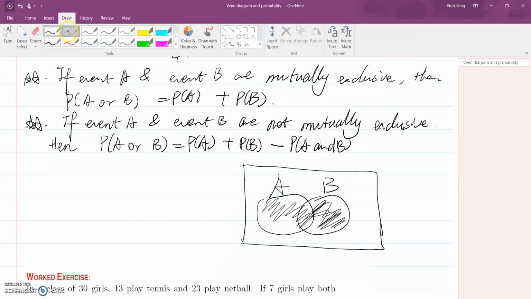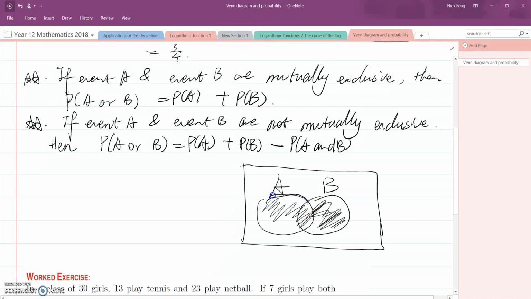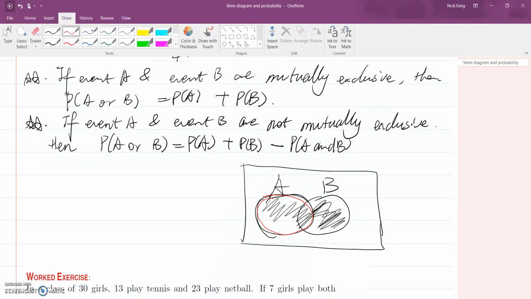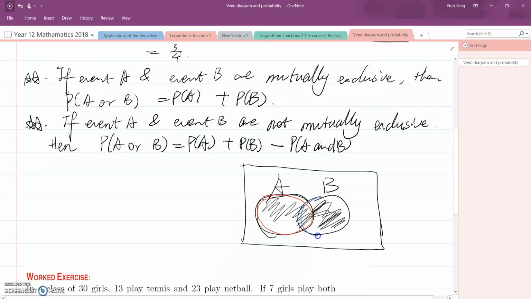So that is all the red in here, plus all the blue one in here. But if you just add up these two, which is A plus B, you have added up the middle part twice.